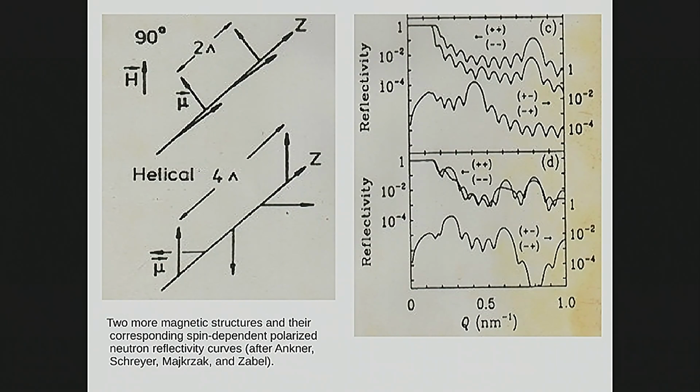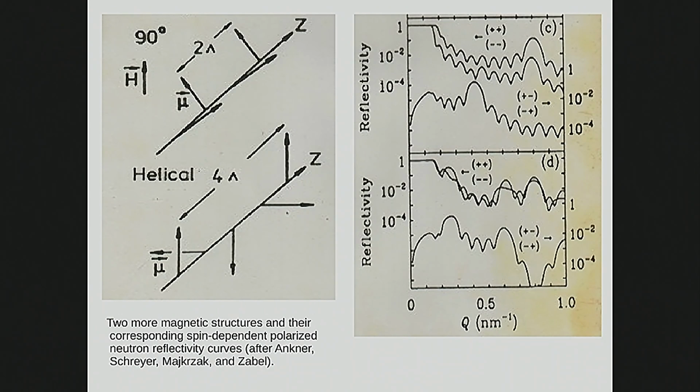Now it'll get difficult. Okay, so here is a canted system where you have this oscillating antiferromagnetic order to the right, to the left, to the right, to the left. But now there is some component that's pulled up along the H. So there's the component that's vertical, which interferes with the nuclear part, and is the same here, here, here, here.